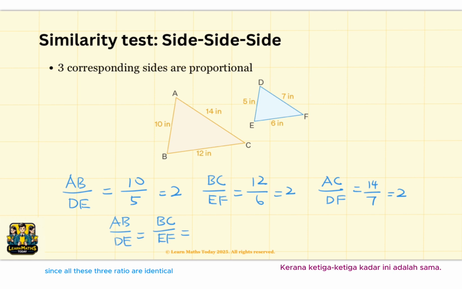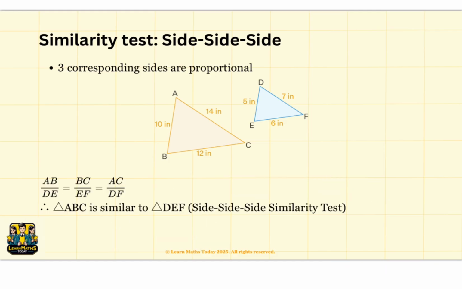Since all these three ratios are identical, we can conclude that triangle ABC is similar to triangle DEF using the side-side-side similarity test. This means that triangle ABC is exactly twice the size of triangle DEF in all dimensions, but they have identical shape. If you were to shrink triangle ABC by a factor of 2, they would be congruent.